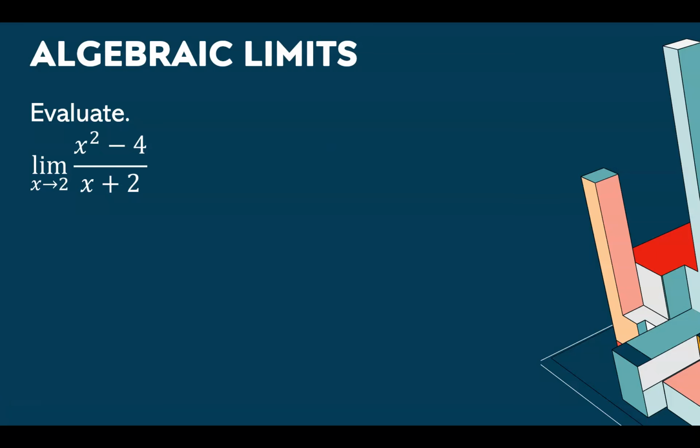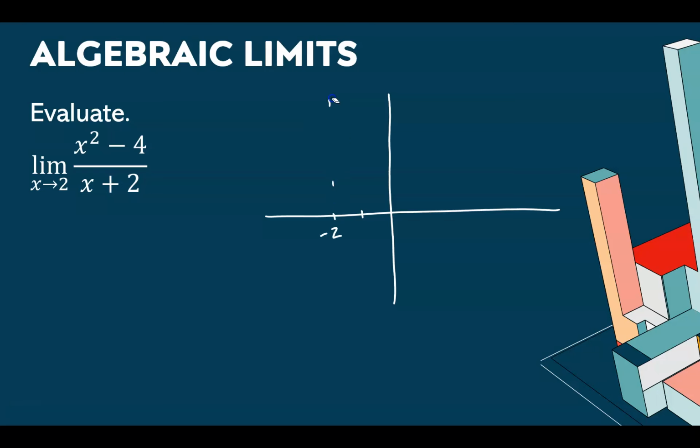Okay, so we're going to evaluate the limit as x approaches 2 of x squared minus 4 over x plus 2. I guess we could sketch that, and maybe we should. But the important thing here is that this graph is undefined at -2. This graph has, oh no, that's not a vertical asymptote, is it?